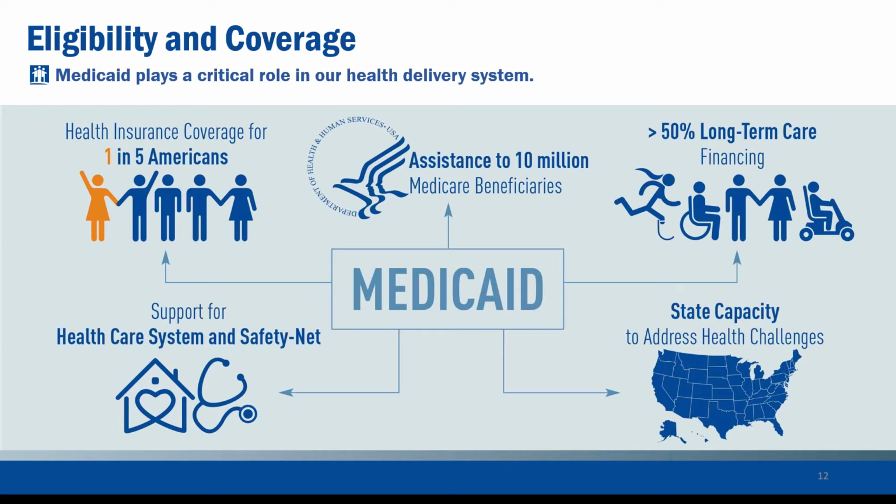It also provides an incredible amount of coverage for long-term care financing programs that are important for the elderly or those with intellectual and developmental disabilities. Medicaid plays an important part in covering our nation's health system.